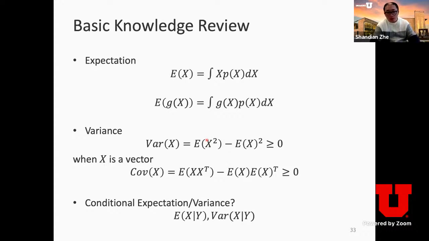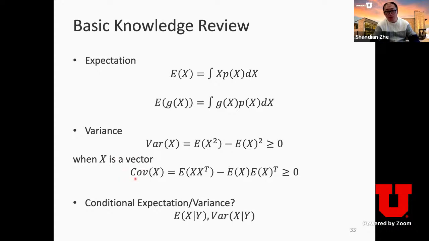Those variances are calculated with x as a scalar, right? It's a number. But in many cases, especially in machine learning, we in general view x as a vector. In that case, we're not only interested in calculating the variance of each element in this vector, we also want to calculate the so-called covariance matrix.